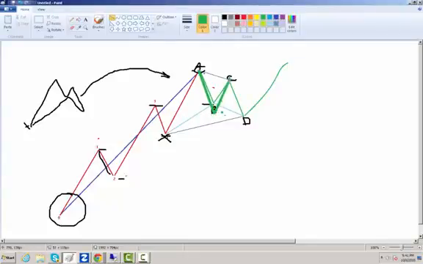And then up, and then down, something like that. Then what we would end up having is called a butterfly pattern. You see?